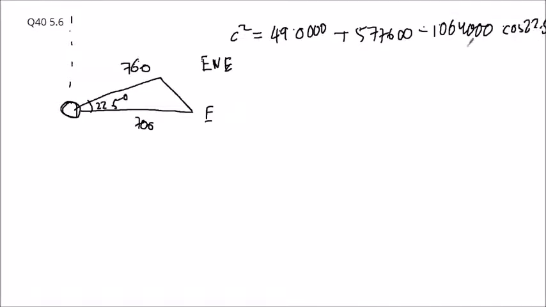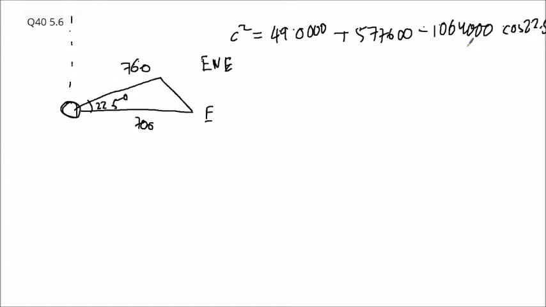So what this will get you is 490,000 plus 577,600. Right, and then take the 1,064,000 and multiply that by the cosine of 22.5.